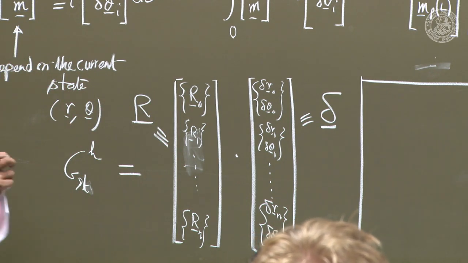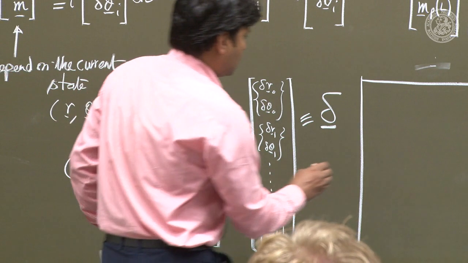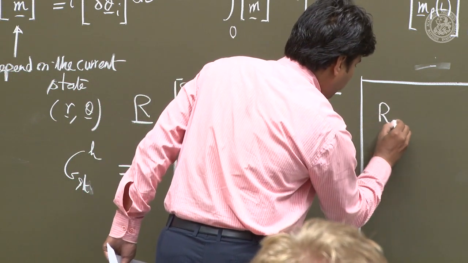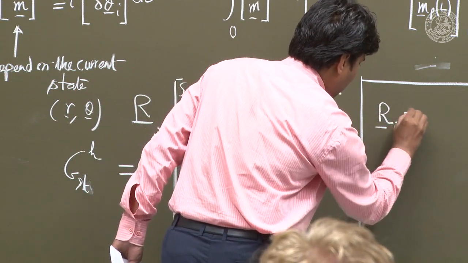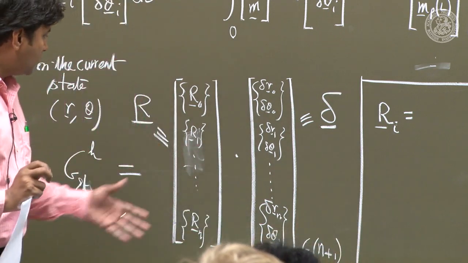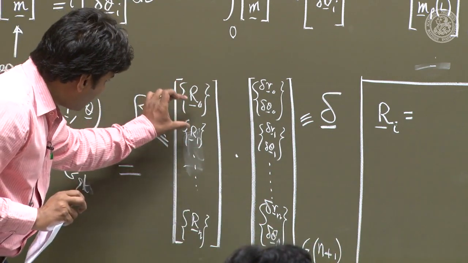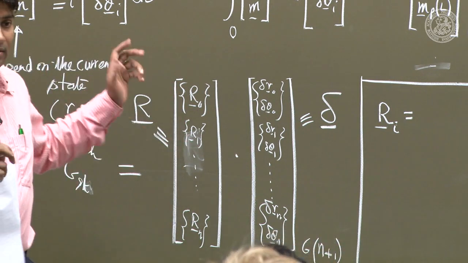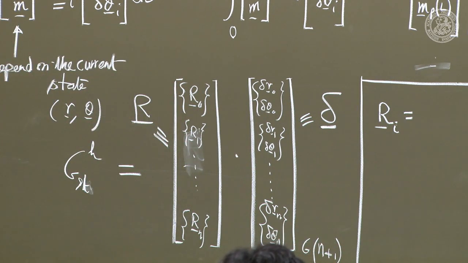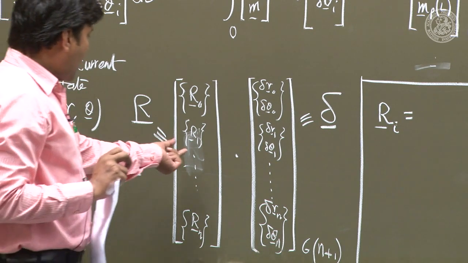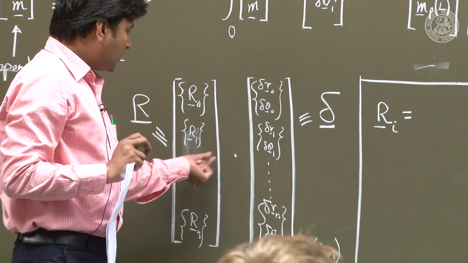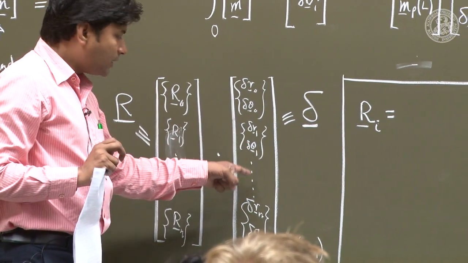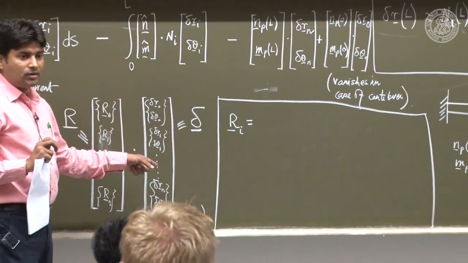So, if that is the case, what do you think is the sub vector big R subscript I? So, this is the global vector and the small vectors we call sub vectors. Okay. So, what is big R of I? So, big R of I, as you will see, is then dotted with del r I, del theta I, is not it?